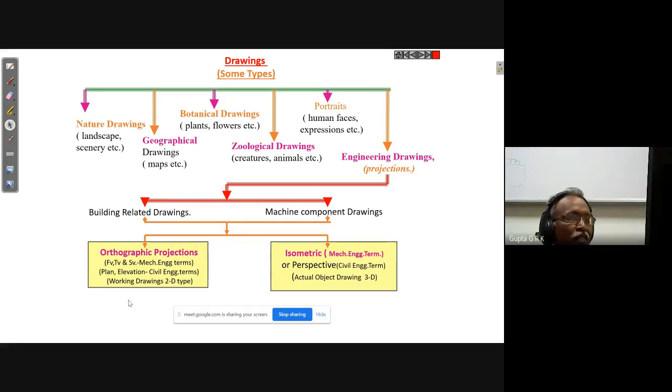Elevation is like when a theater or a mall is going to come, they will give the front view of the building for advertisement. Sometimes they will give isometric also, so that you have the complete overall view of the building, how it looks. So plan means top view, elevation means front view. We use front view, top view, and side view for our terminology because I am a mechanical engineer and I am teaching it.